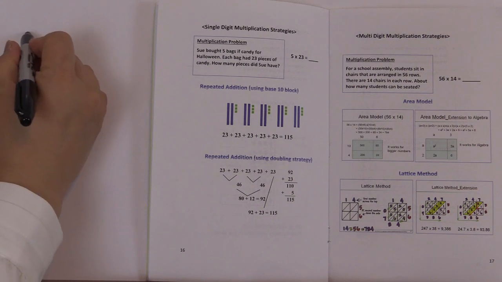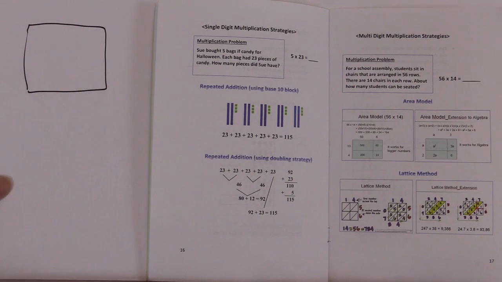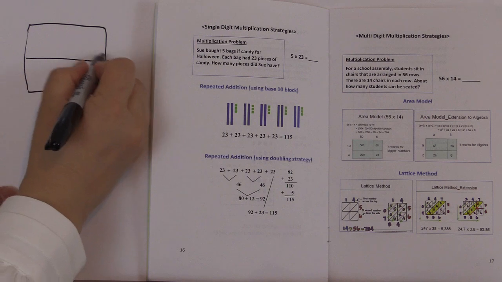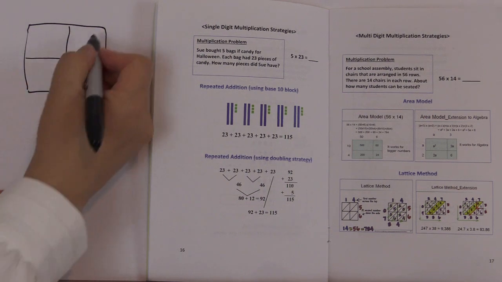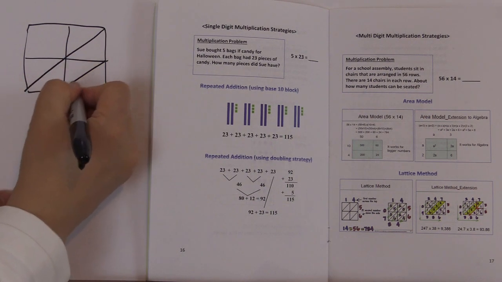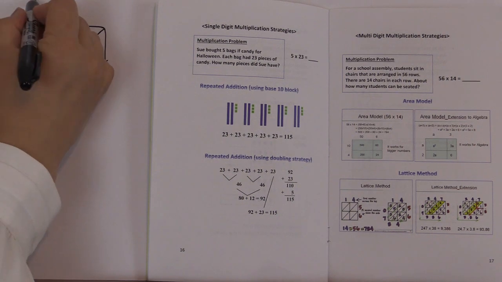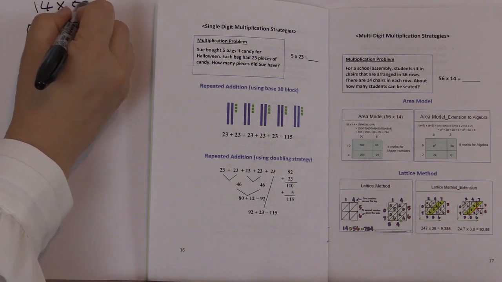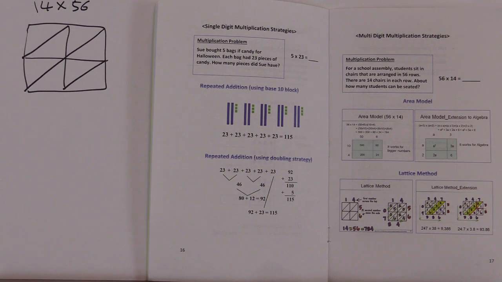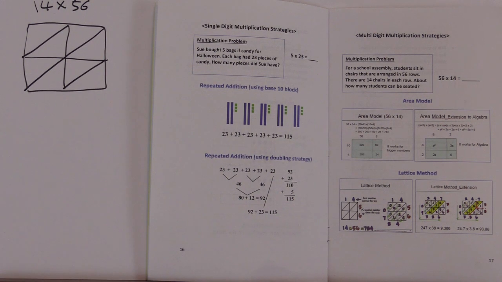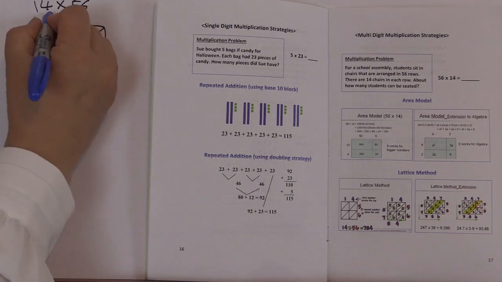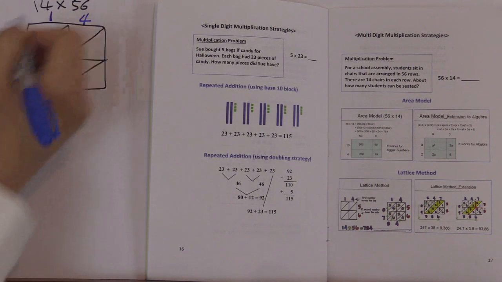I'm going to draw a box first and divide it into fourths and make a diagonal line like this. My numbers are 14 times 56. One number goes on top, 1 and 4, not 10 and 5, 1 and 4.